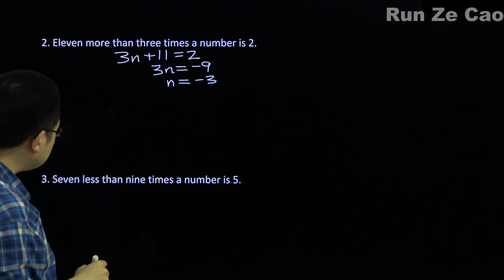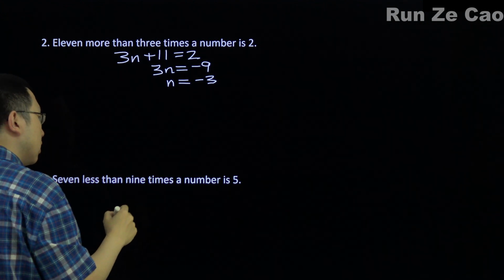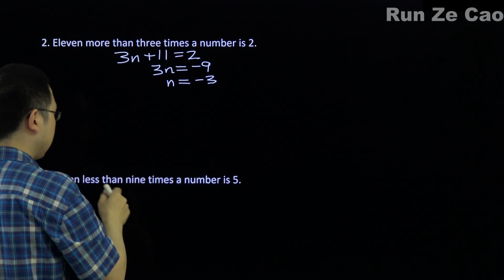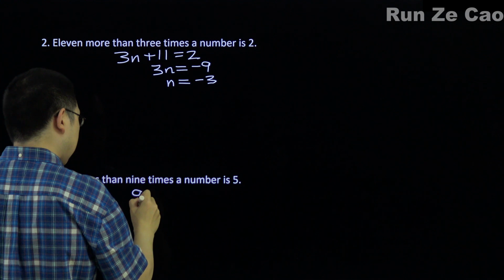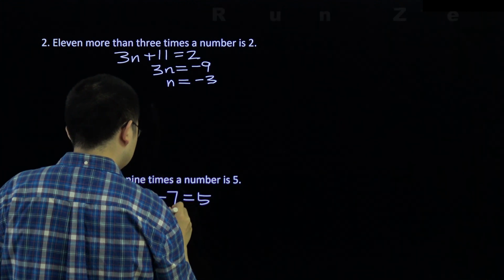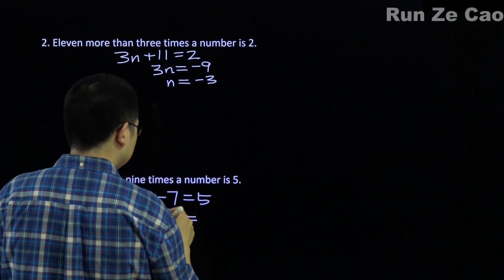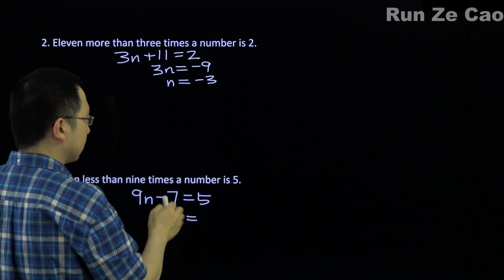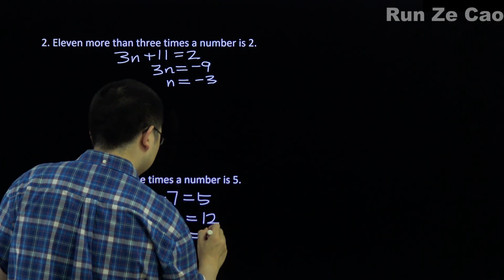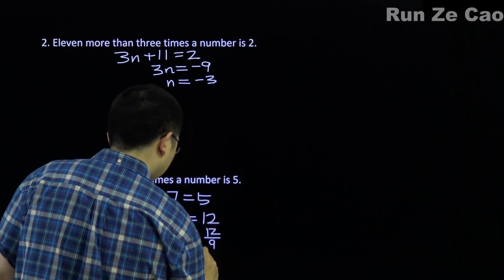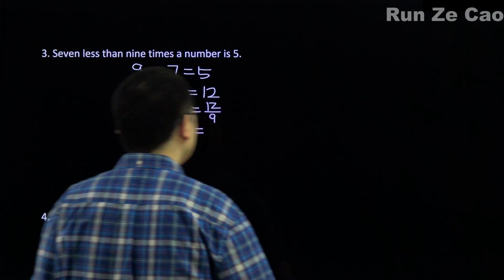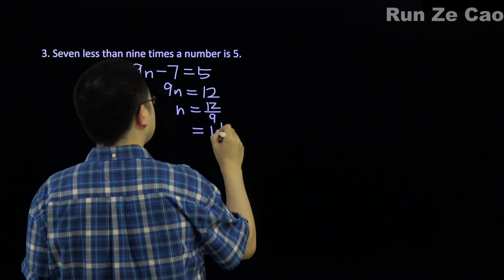7 less than 9 times the number is 5. Okay, so 7 less than. That means it's this thing after that, minus 7. It's 9 times the number, minus 7, is equal to 5. 9 times the number is equal to 5 plus 7, or you can think of it as plus 7 on both sides, equals 12. n is equal to 12 over 9, or 4 over 3, or 1 1/3.